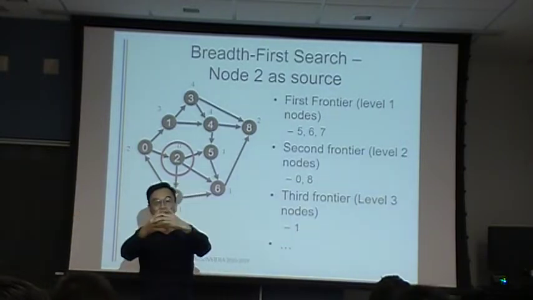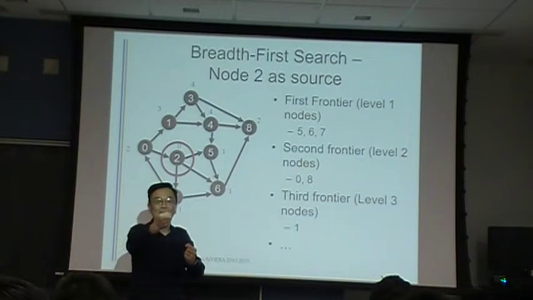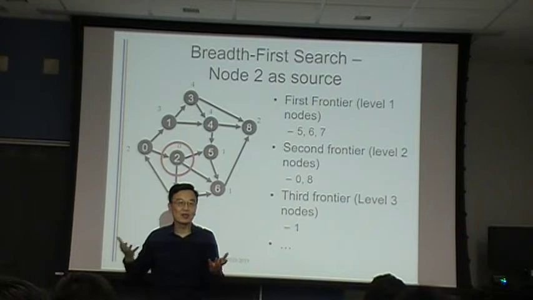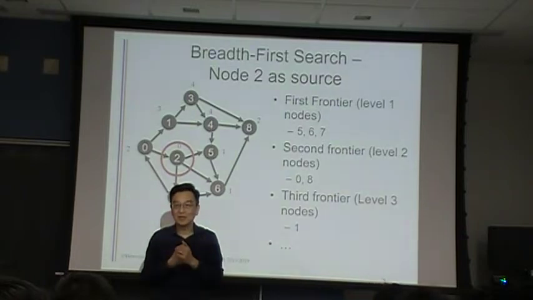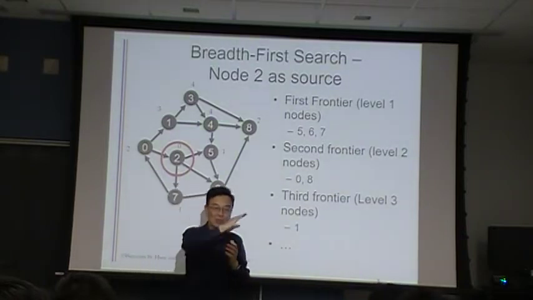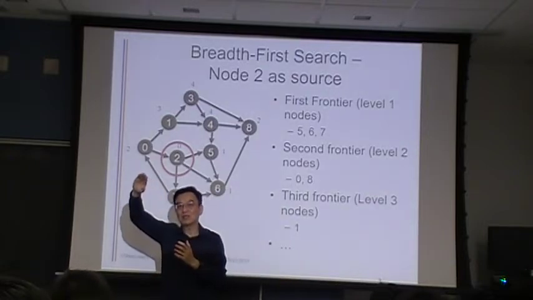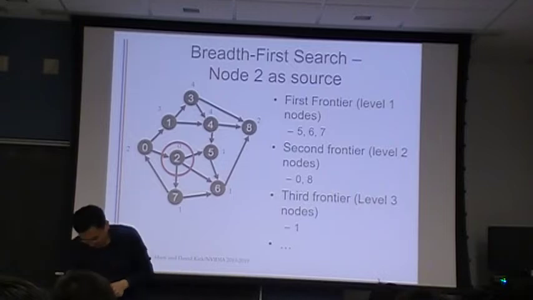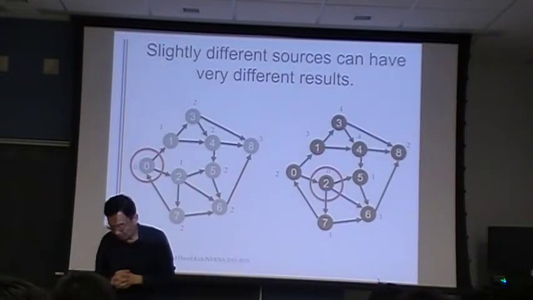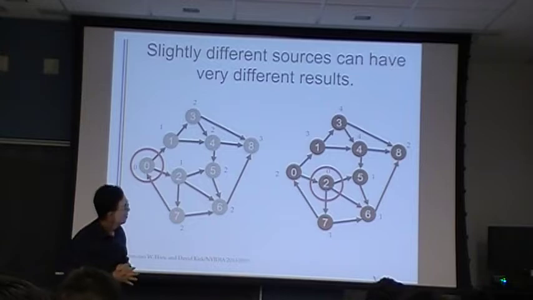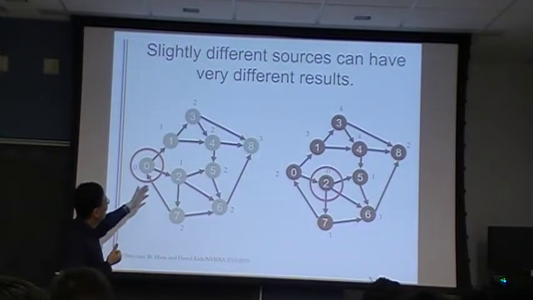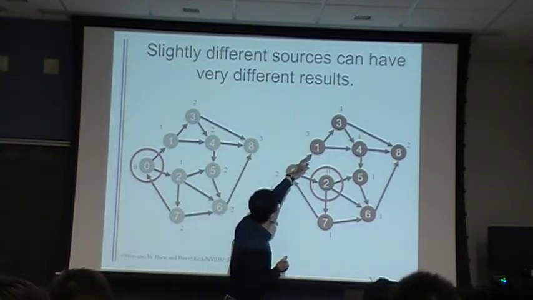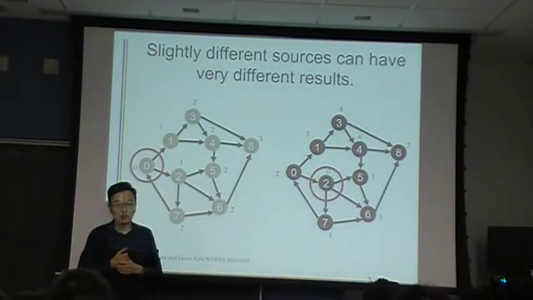So each additional frontier only will pick up a few more until you finish with the entire graph. Make sense? So you should envision some kind of ramping of the size of the frontier and then it comes down, right? In the end. Again, slightly different, the source will give you very different values for the results.